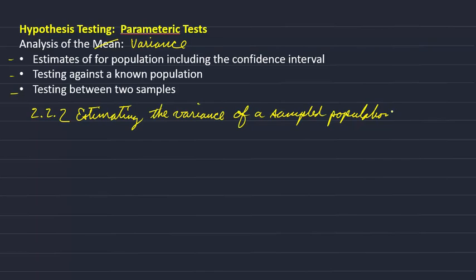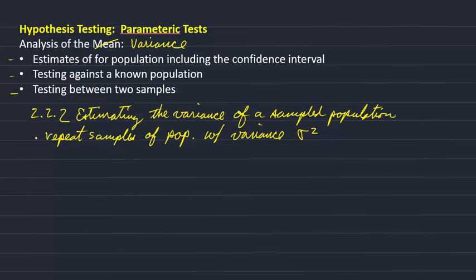So let's go along a similar line of thinking to the one we followed before, in which we make repeat samples of our population. And our population has a variance of sigma squared.